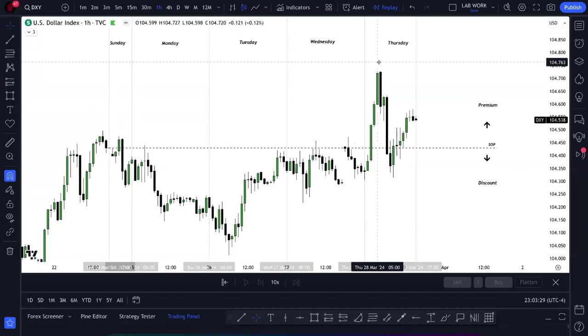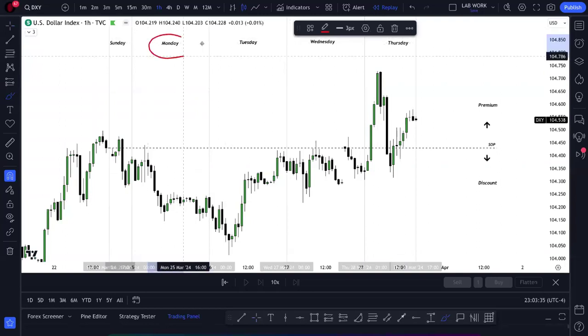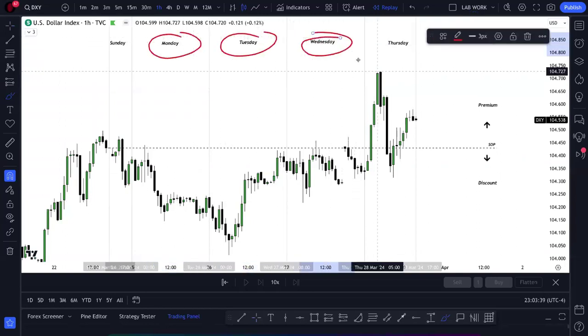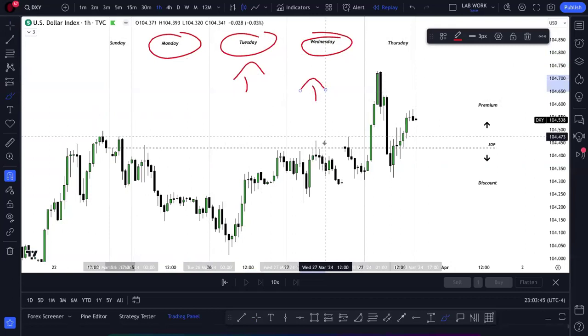Now, ideally, if you had the idea that dollar was going to go higher, you knew that one of these days, Monday, Tuesday, or Wednesday, was going to make the low of the week. Mainly Tuesday and Wednesday is where you would ideally want to find the low of the week. Going into Thursday, that's where you would expect the high of the week.